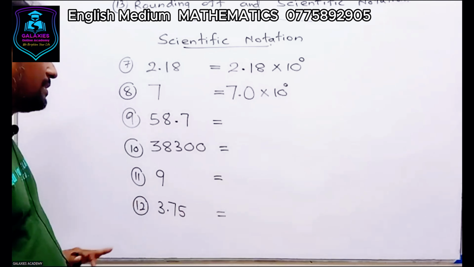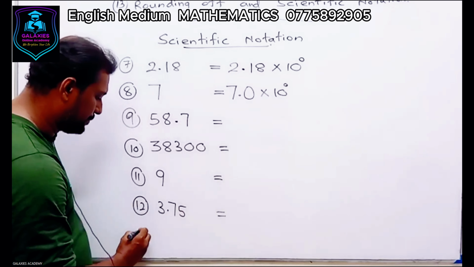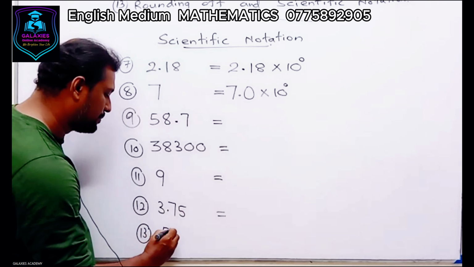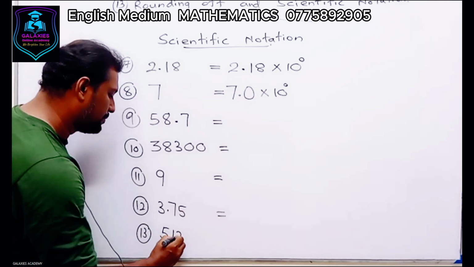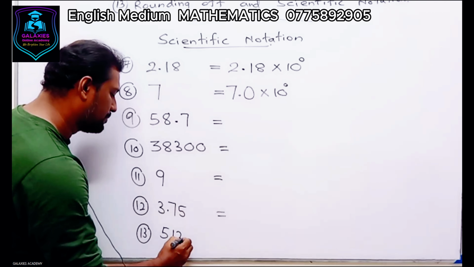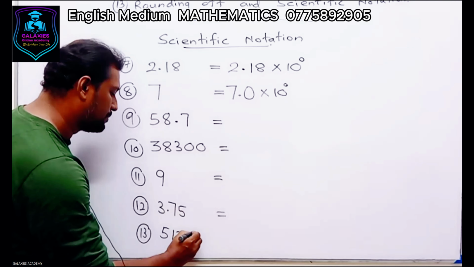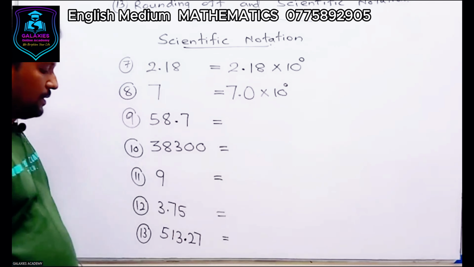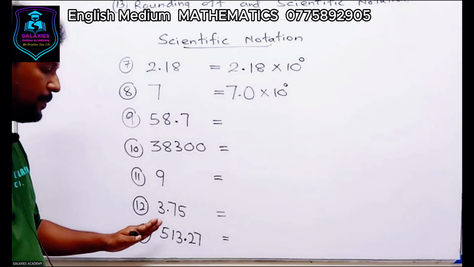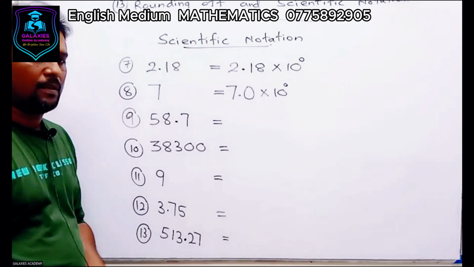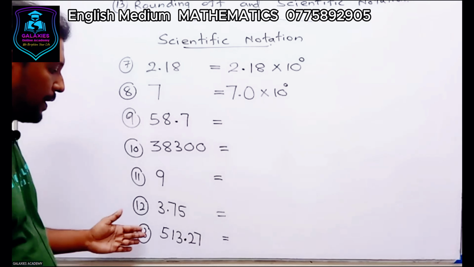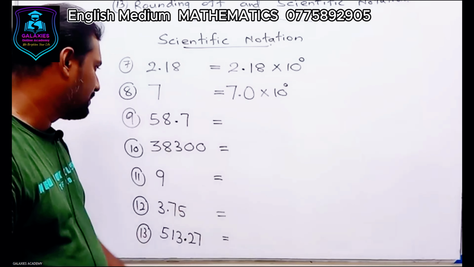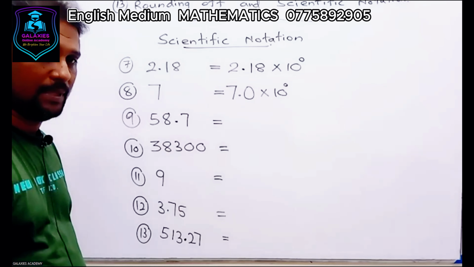Next one, 3.75. Next one, 513.27. Then try to write the correct answers for these 5 examples.